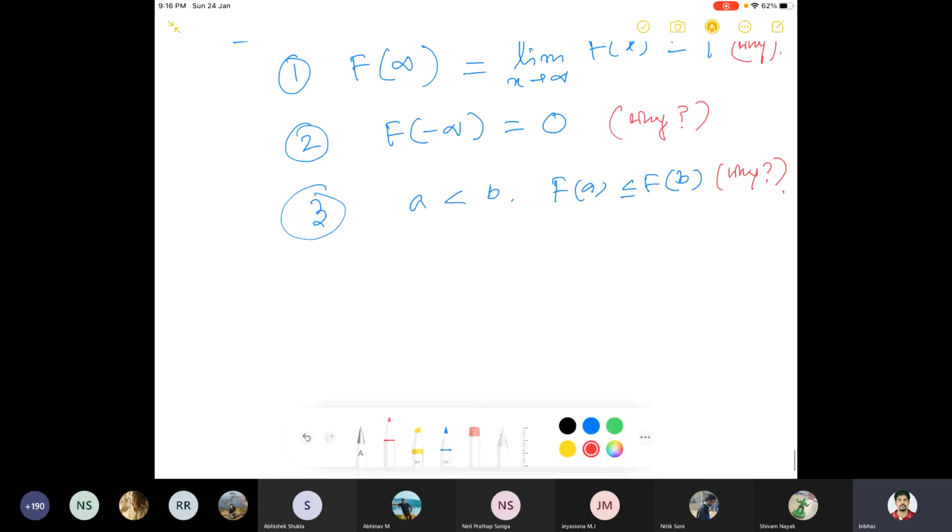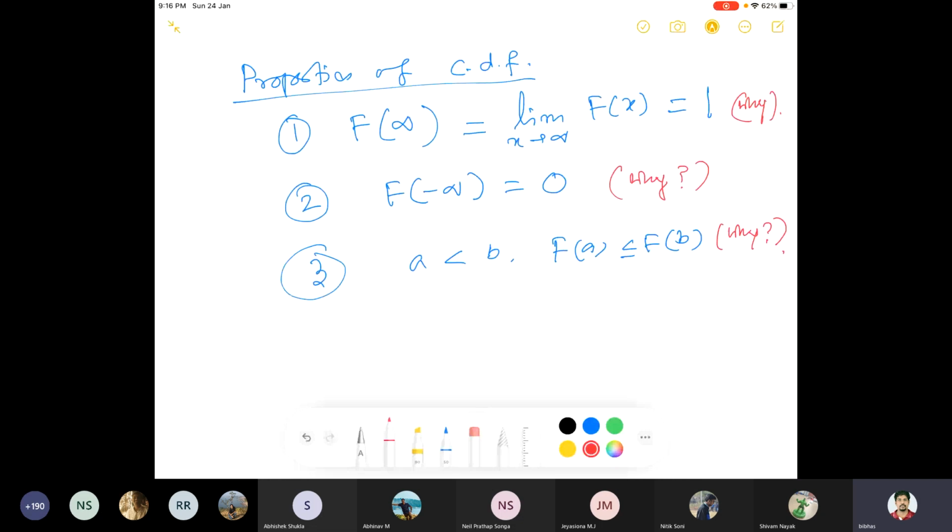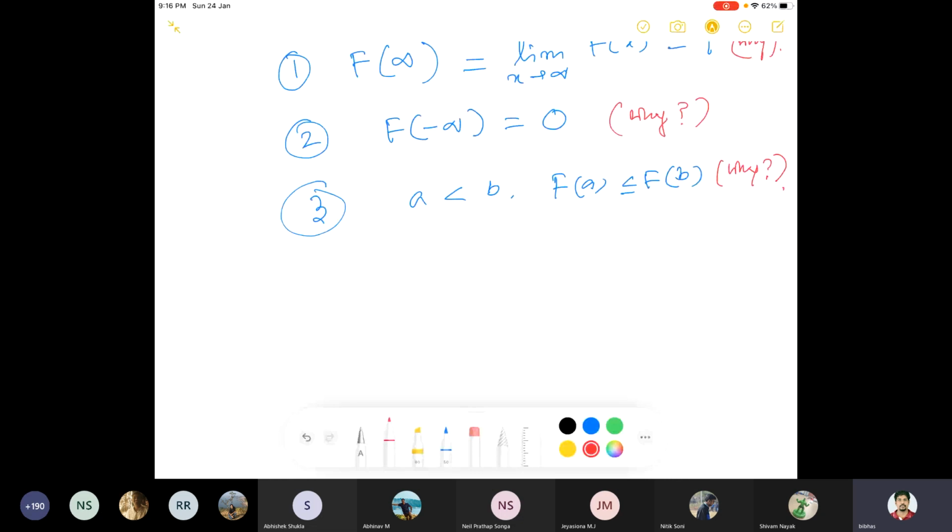So why are these important, the small f and capital F and so on? This is for the students who are interested in data analysis and something like that.